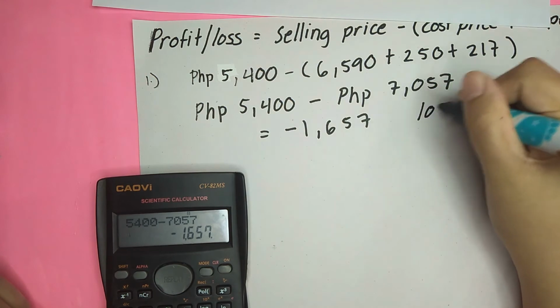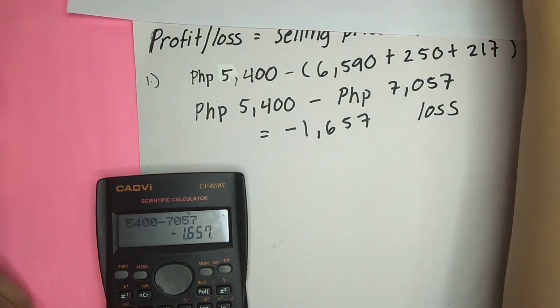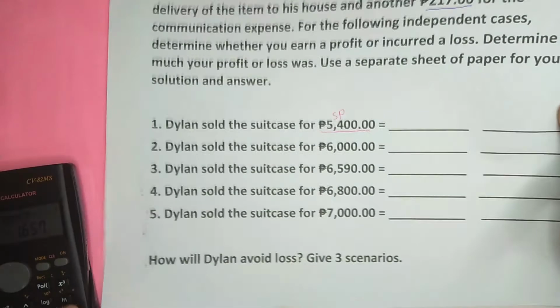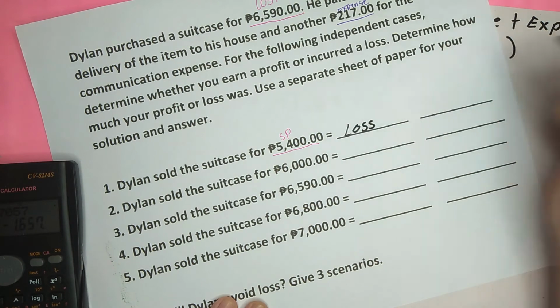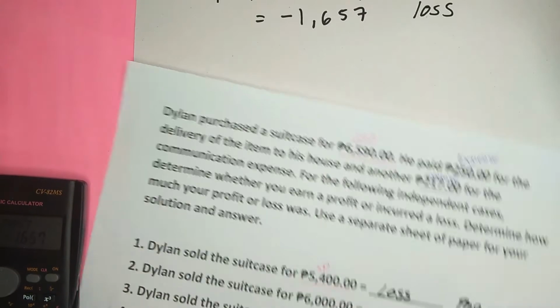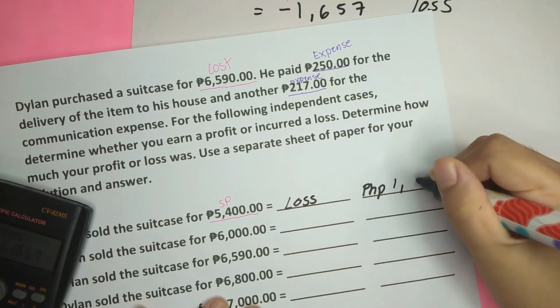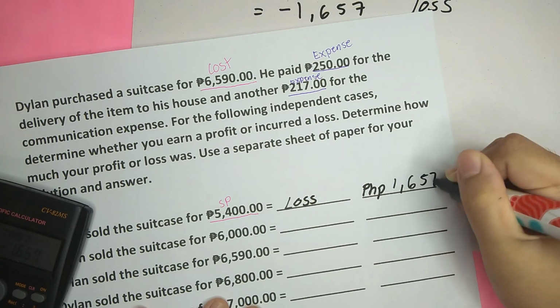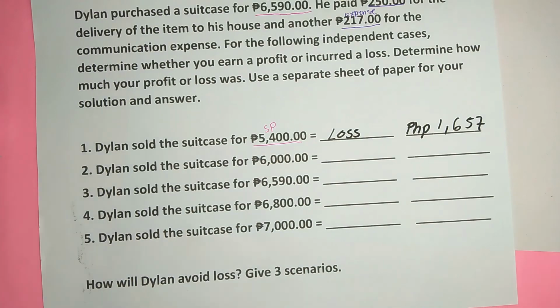It is a loss. So, ilalagay natin sa number 1 is loss. And, nalugi siya ng 1,657 pesos. Nalugi siya. So, yan yung para sa number 1.